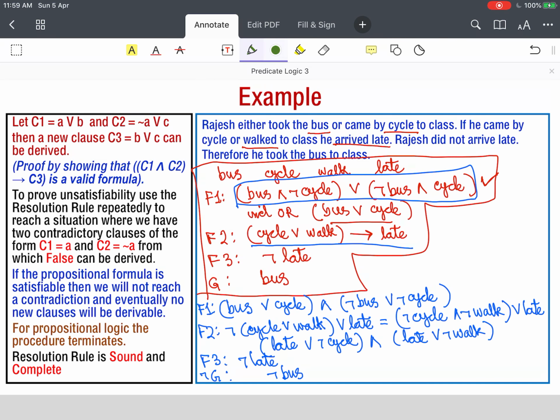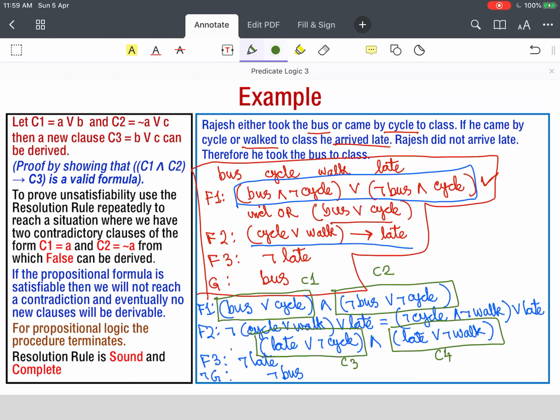So what are the clauses that we have got now? We have now done the first step of conversion to clausal form. The first clause that we have, C1, is this. The second clause, C2, is this. The third clause, C3, is this.